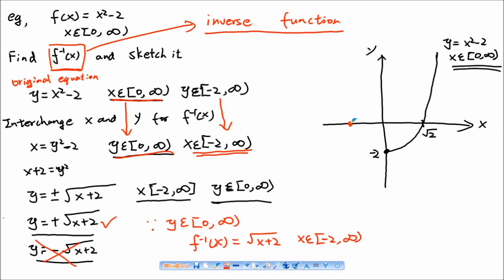So what I do is sketch this graph there. It will be something like this. As you can see, I have one x-intercept and one y-intercept.